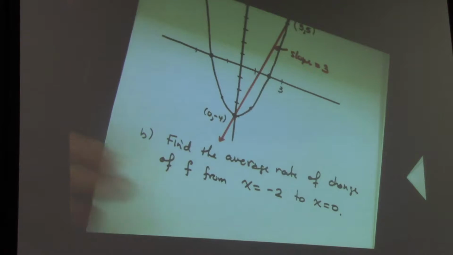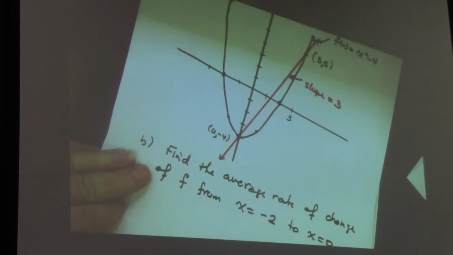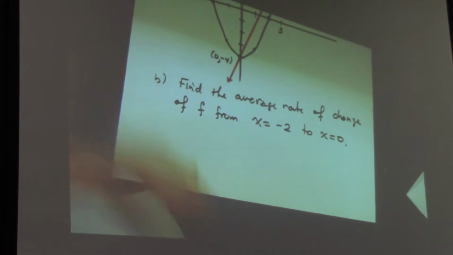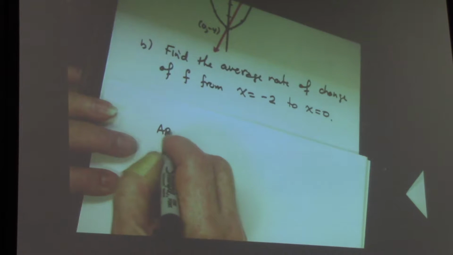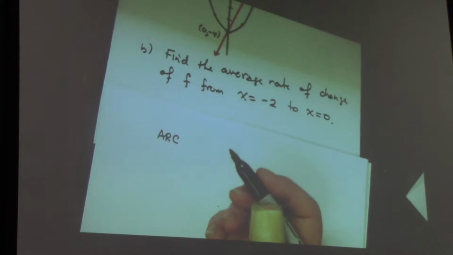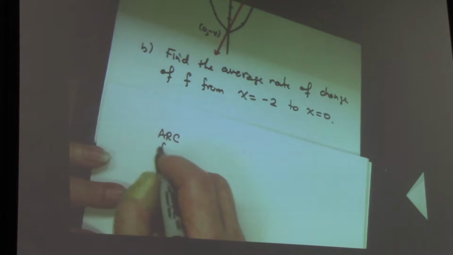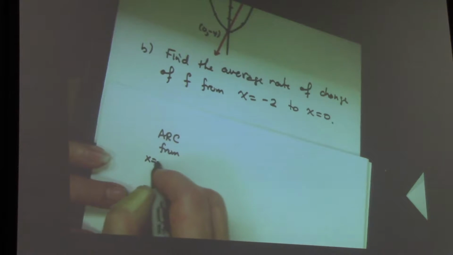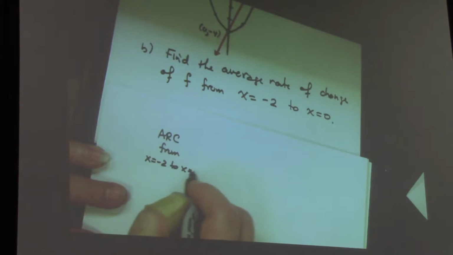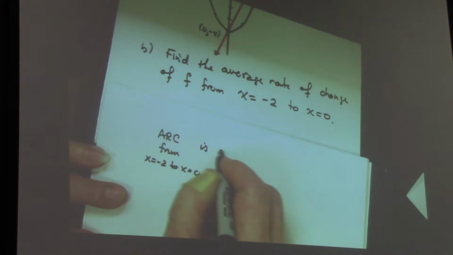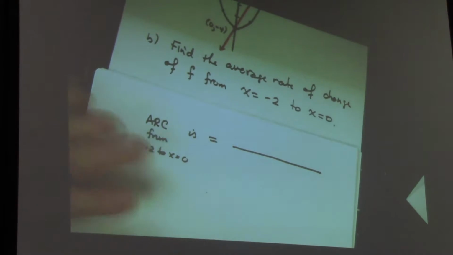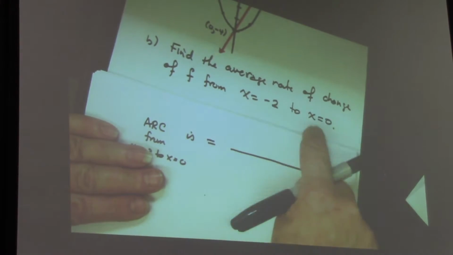Okay? So, let's just write down what this is by definition. So average rate of change, if you want to write that, of the function f from x equals -2 to x equals 0 is, okay, so what is it by definition? This is your A, this is your B.